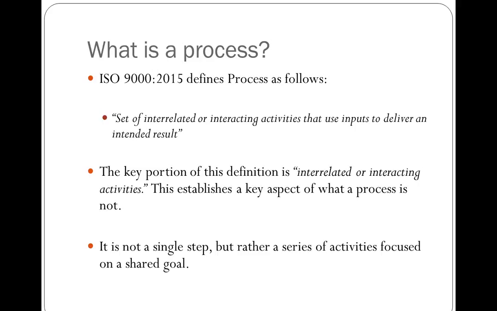Now, the key aspect of this definition is in that phrase, interrelated or interacting activities. And what that is supposed to help you identify is that a process is not a single step. It is a series of activities that are interrelated or interacting and that are focusing on a shared goal.